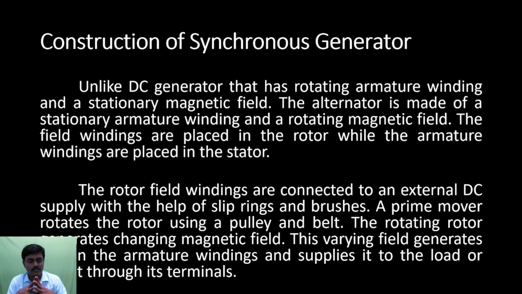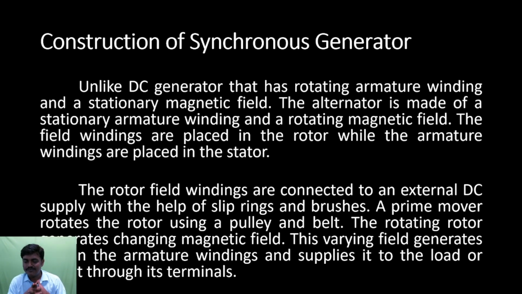The rotating rotor generates a changing magnetic field. I already discussed this in Faraday's law of electromagnetic induction: whenever the rate of change of flux occurs in the coil, it gives an electromotive force.